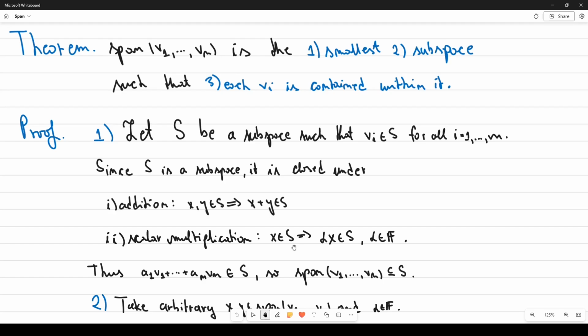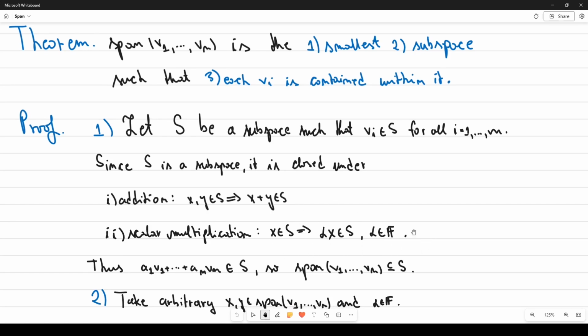So if x belongs to S, then alpha times x also belongs to S, where alpha is an arbitrary scalar. Now combining these two facts, since S is closed under these two operations and contains each of the vi's, whatever linear combination I create using the vectors also belongs to S.